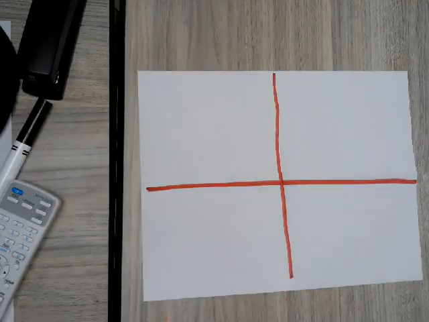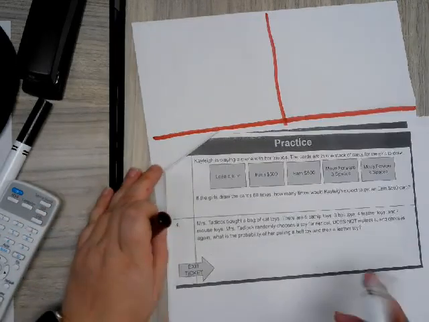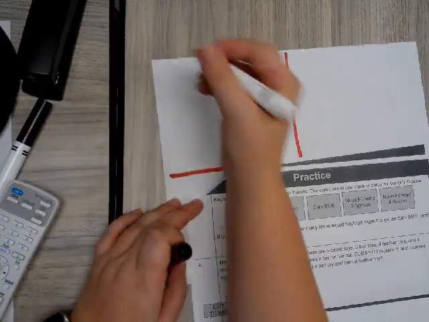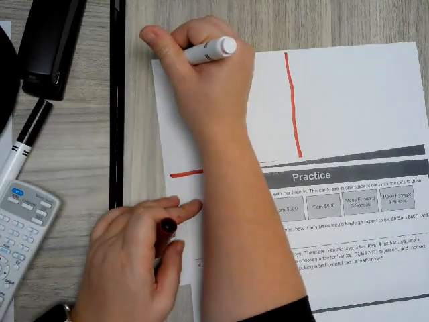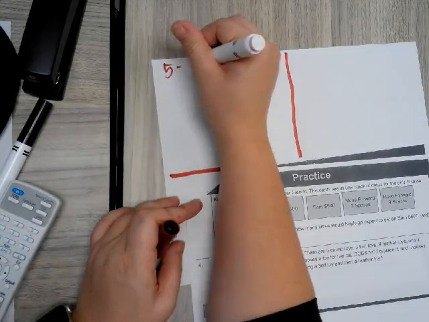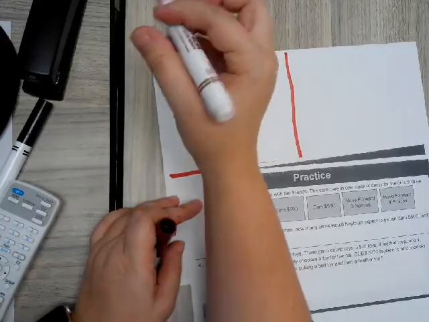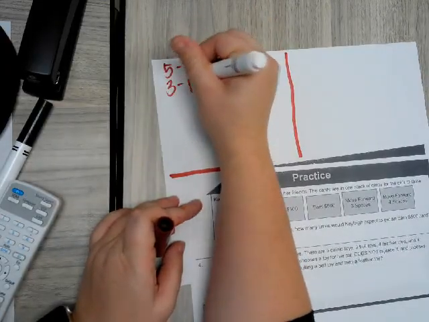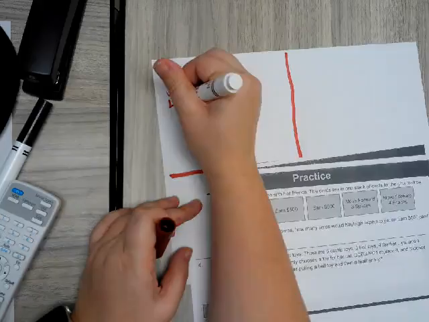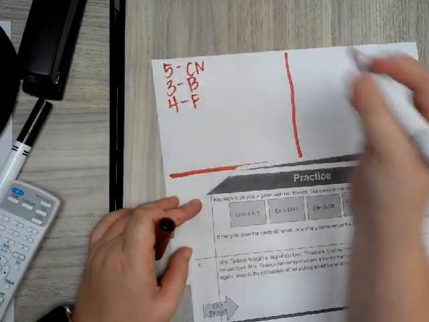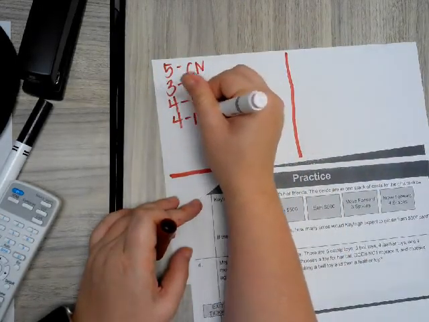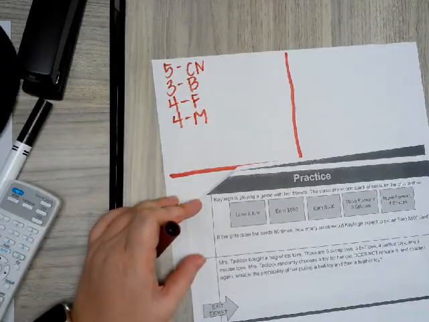Okay, so Miss Tadlock bought a bag of cat toys. There are 5 catnip, 3 bell toys, 4 feather toys, and 4 mouse toys. Miss Tadlock randomly chooses a toy for a cat and does not replace it.